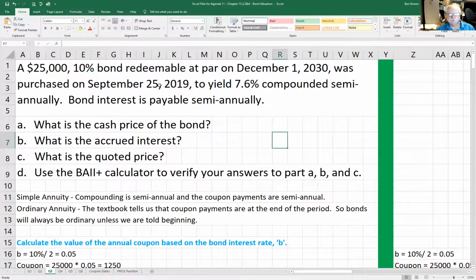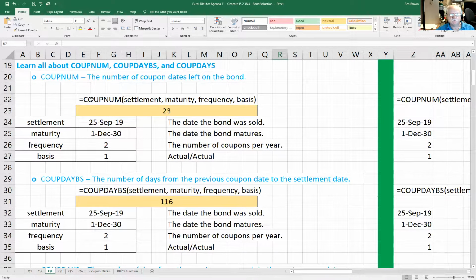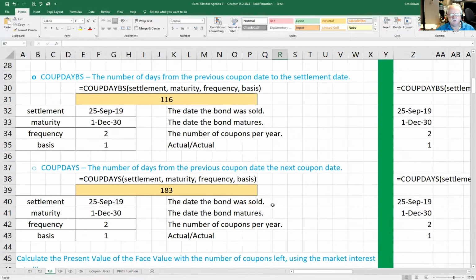But we have the problem with the dates. Now, although we just learned how to calculate days between dates, that isn't going to help us here. We're going to do something called COUP-NUM, which is coupon number, and COUP days BS. BS stands for before settlement. And COUP day S, the S here stands for between coupon dates.